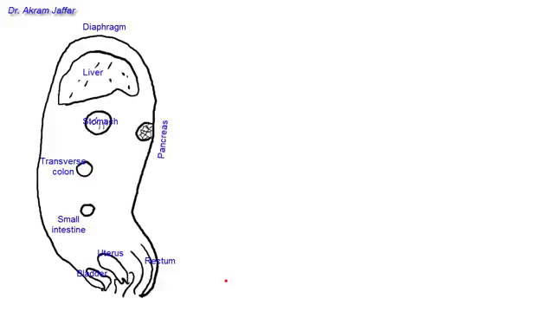I'll draw the parietal peritoneum in blue. So I will start in the region at the anterior abdominal wall, that is probably close to the umbilicus. Go up. This is parietal peritoneum of the anterior abdominal wall. And then the peritoneum lines the diaphragm and reflected from the diaphragm to the diaphragmatic surface of the liver.